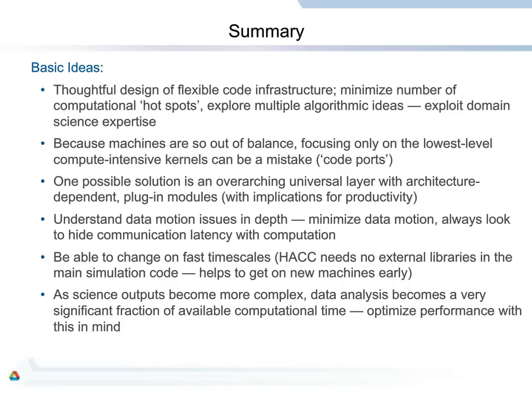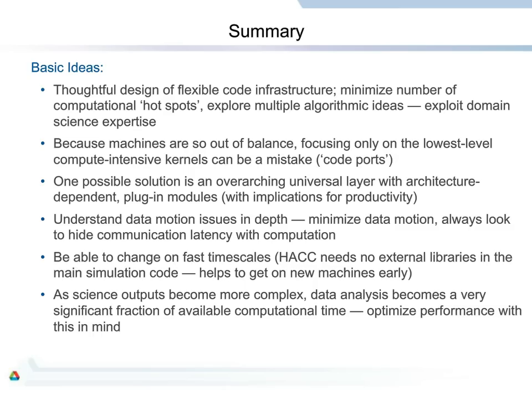One thing I wanted to mention, and I may say that over and over again, is that machines are very out of balance. So focusing only on the lowest level compute-intensive kernel can be a mistake. If I really optimize on chip, I may find it didn't do me any good. So don't do this lowest level optimization first. You have to cover all levels, but think on the highest level first and then go down.